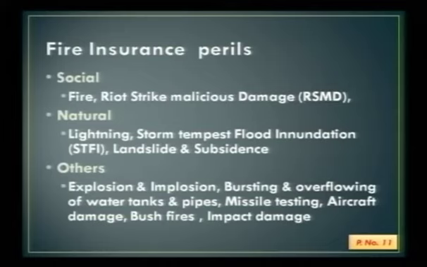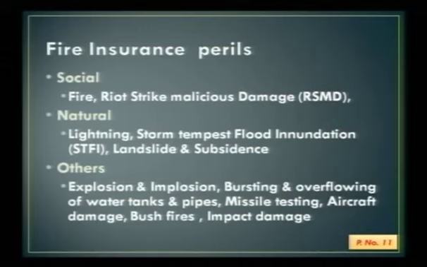So riot and strike are social perils. Malicious damage, which in short we call RSMD. Then we have our natural perils, which are lightning, storm, tempest, flood, inundation. So storm, tempest, flood, inundation, a short form that we use in insurance called STFI.